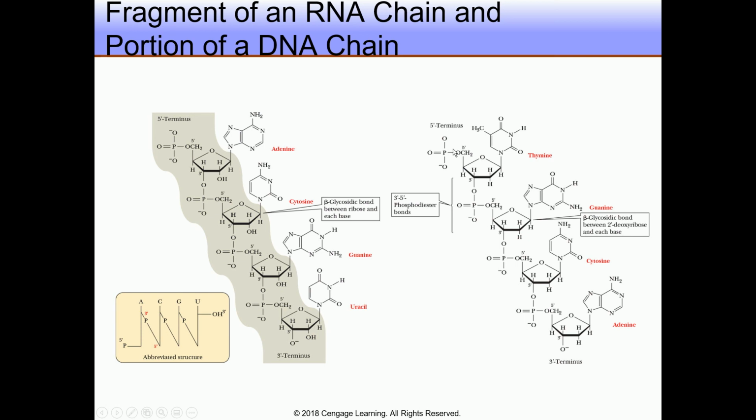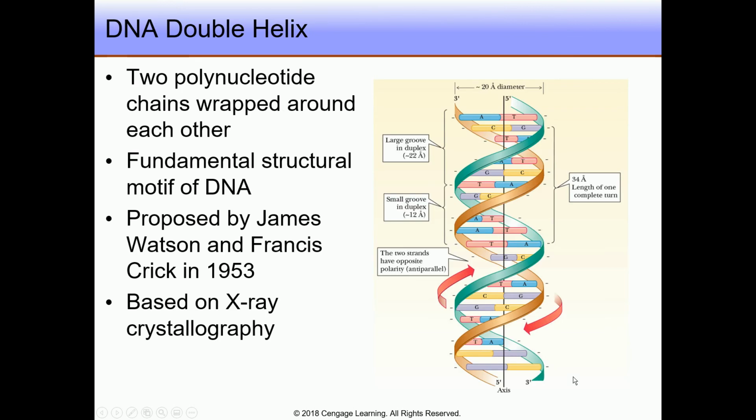If the phosphate is on this side, the hydroxyl group is on the other side. So this is 5 prime, and the opposite side is 3 prime, which means in this strand of DNA, all the phosphates are facing this side and all the 3 prime hydroxyls are facing downside. That is why this side is called 5 prime and this side is called 3 prime.